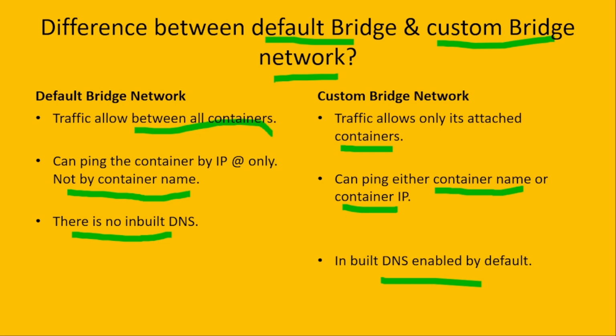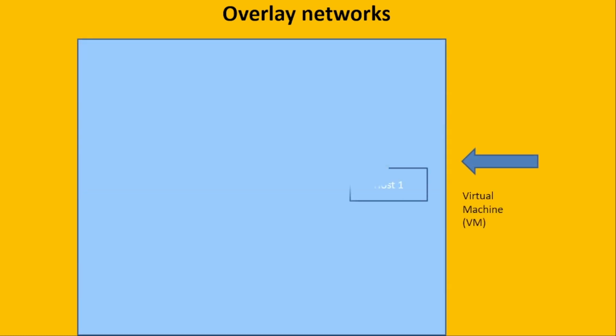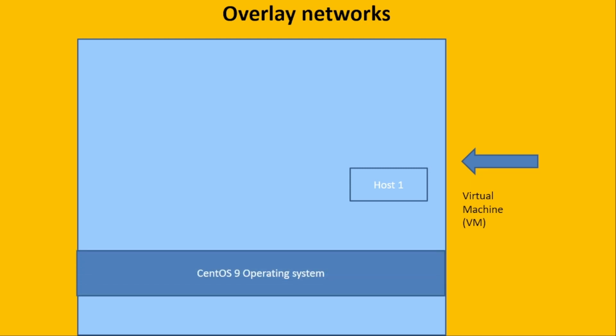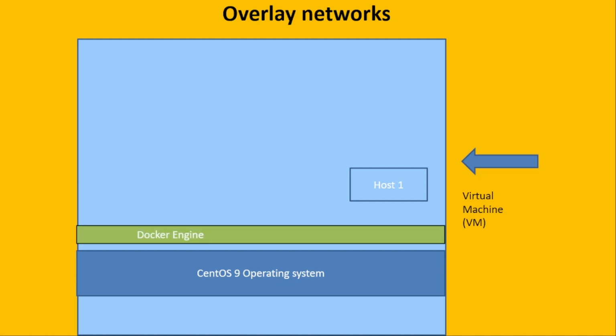So next slide is, our next topic is overlay network. First, we created a VM and installed the CentOS 9 operating system. After that, remove the container engine packages and then install the Docker engine.